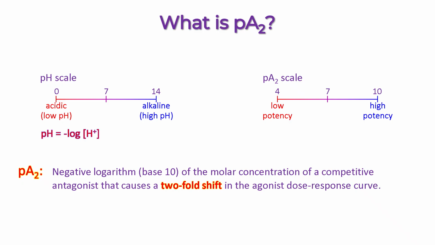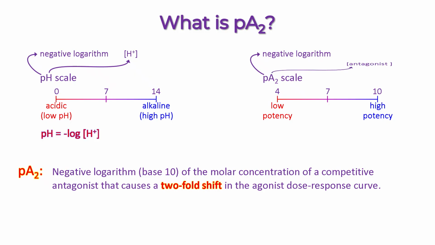Let's highlight the common structure. The P in both pH and pA2 means minus log. In pH, the H stands for hydrogen ion concentration. In pA2, the A stands for antagonist concentration.